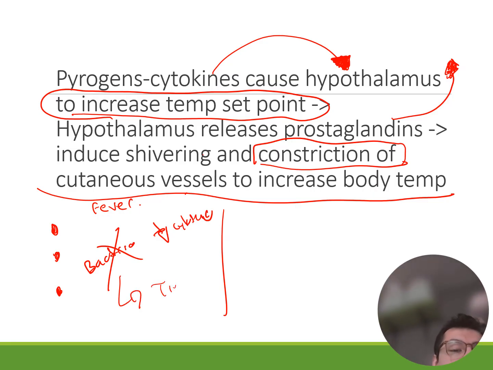This will take time, and in that time, you may run the risk that the fever runs too high. When you are getting right above 105, the patients may become delirious.